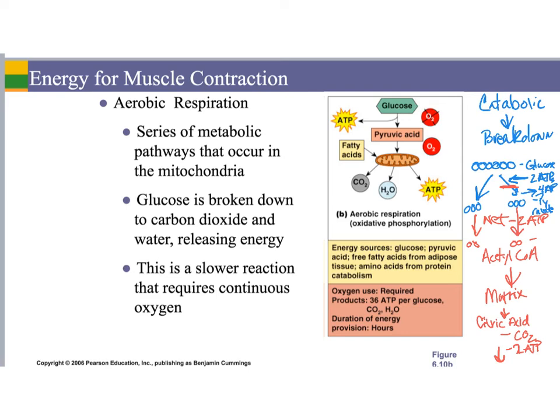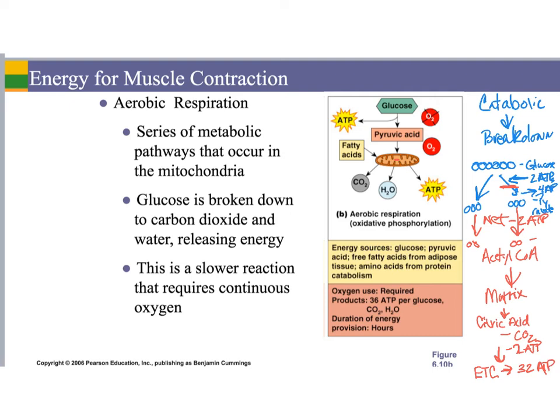And those high energy electrons are transported to something called the electron transport chain, which also occurs in the matrix, but also utilizes the inner membrane of the mitochondria. So that electron transport chain produces 32 ATPs with those high energy electrons.